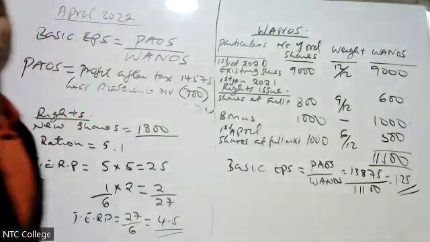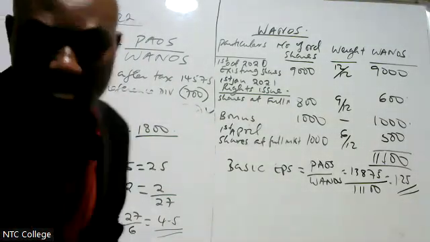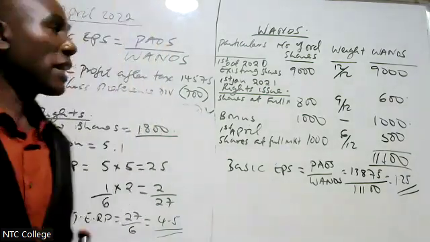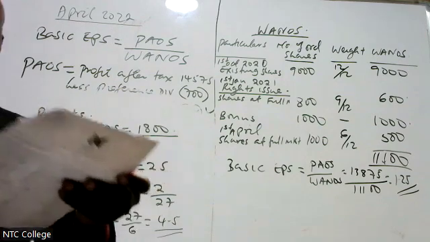That is shillings 1.25, which is my basic EPS. That's how you get your basic EPS. Very straight, very clear, very enjoyable. Therefore, that's what the examiner wanted to give us those marks.